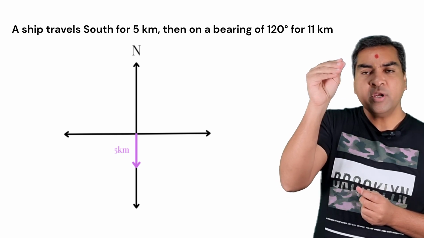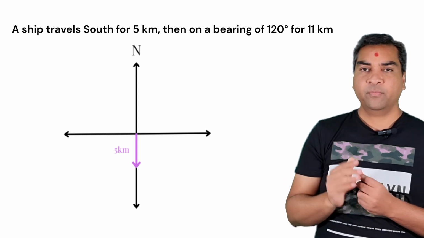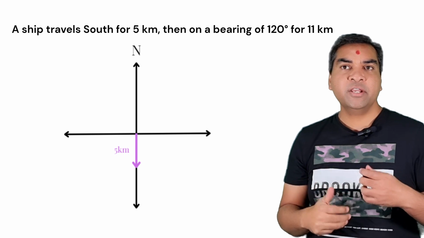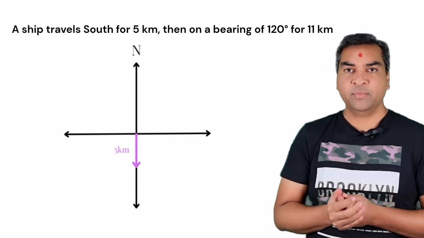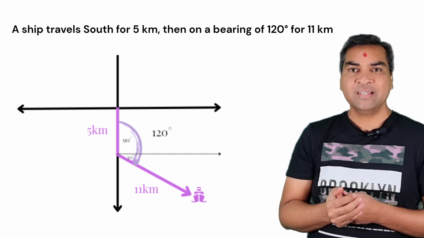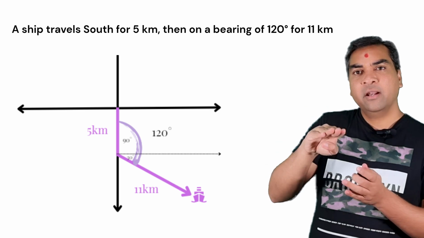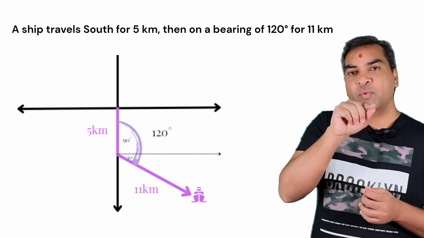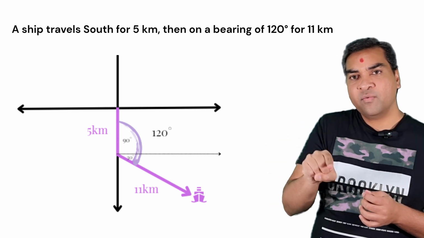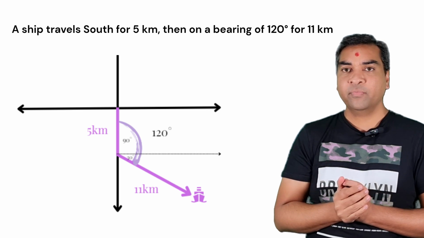So from the starting point, we can make a line which is going 5 kilometer down, and then 120 degree bearing 11 kilometer. Now bearing is always from north axis in a clockwise direction. So 90 degree is towards east, but 120 is a little bit further than east, so we can make a line of 11 kilometer on a bearing of 120. So that is a sort of our diagram.